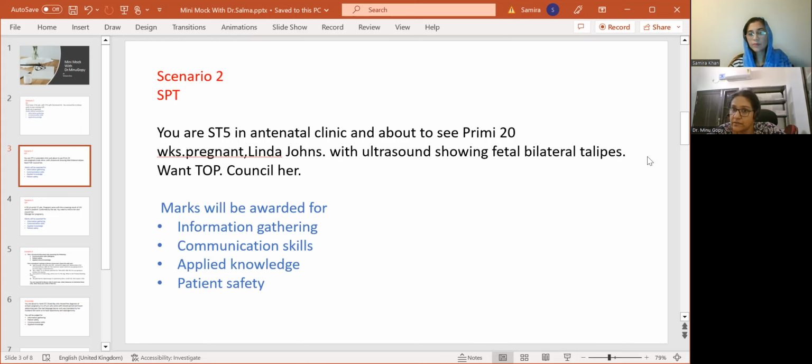Once the baby is born, the baby will be seen by the bone doctor and the pediatric doctor, the baby specialist. They try to stretch the feet and bring them into the correct position, and after correcting, they put on a cast.